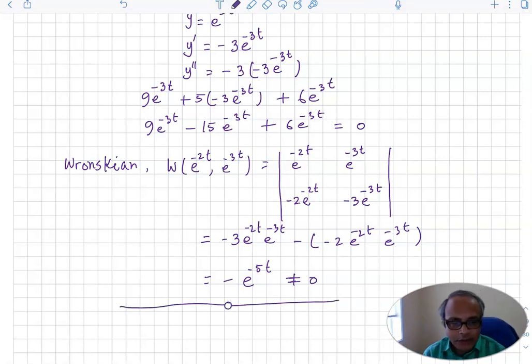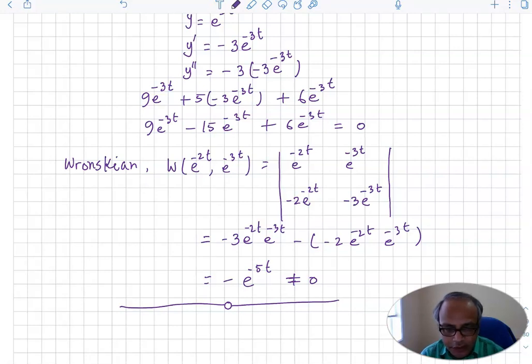Okay, so in this example you have seen how to check whether a function is a solution of a differential equation. You simply take the function, plug it into the differential equation, and check whether it satisfies it or not.